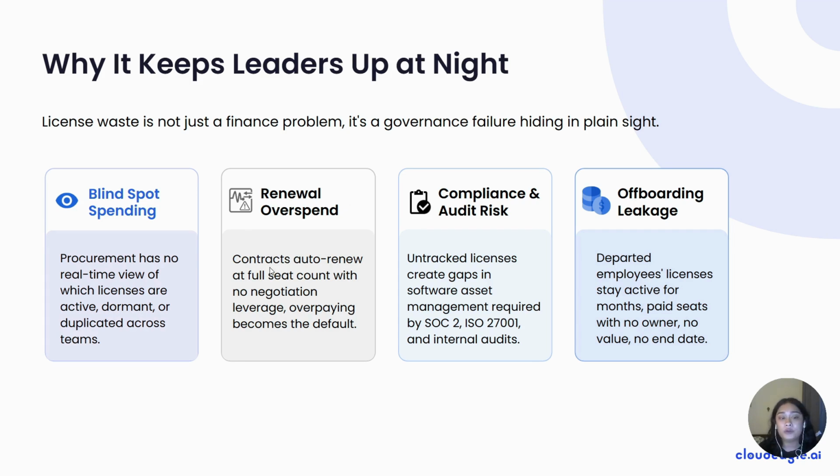And there's also renewal overspend. Contracts auto-renew at full seat count with no negotiation leverage. Overpaying becomes the default. If the contracts are on an auto-renewal term, without an actual audit, without understanding how many licenses your organization actually requires, it's going to be an overspend.